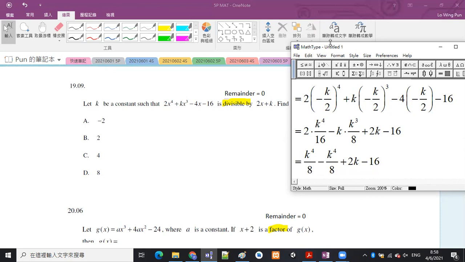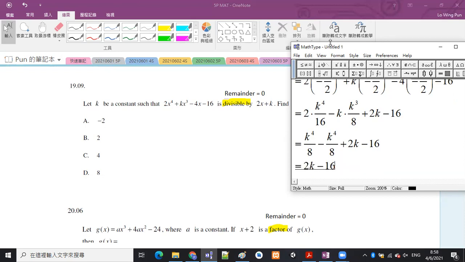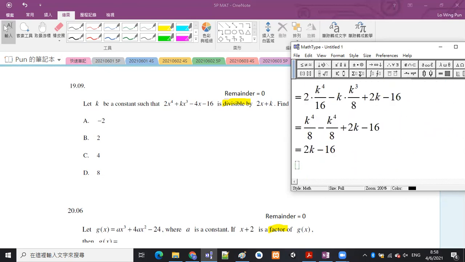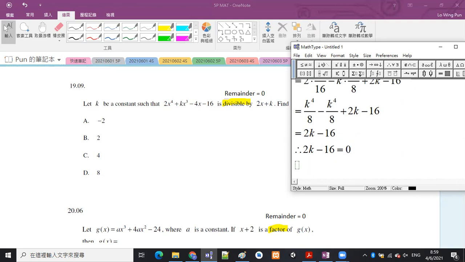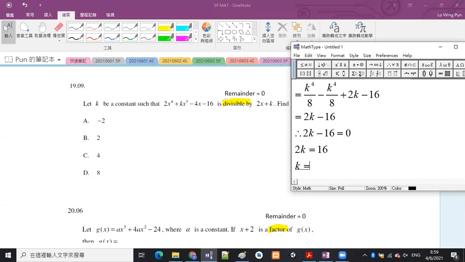So what's remaining in this remainder is just, yes, 2k minus 16. This is our remainder, right? Are we calculating remainder? Yes, remainder. But the question tells us that it is divisible, which means that our remainder should be equal to 0. And from this, we are already able to calculate the value of k. Yes.